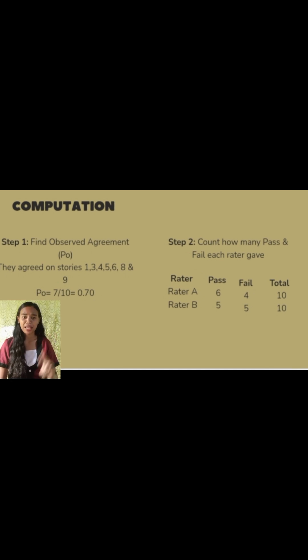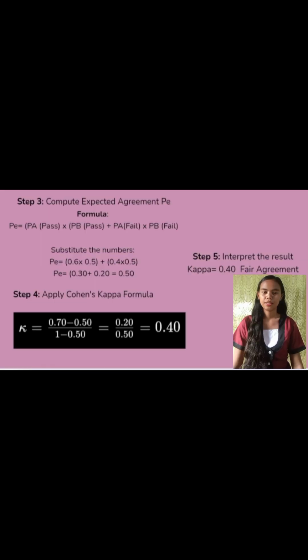Step 2. Count how many pass or fail ratings they gave. Rater A gave 6 passes and 4 fails, while rater B gave 5 passes and 5 fails. Step 3. Compute the expected agreement or PE. So this tells how much agreement could happen by chance.